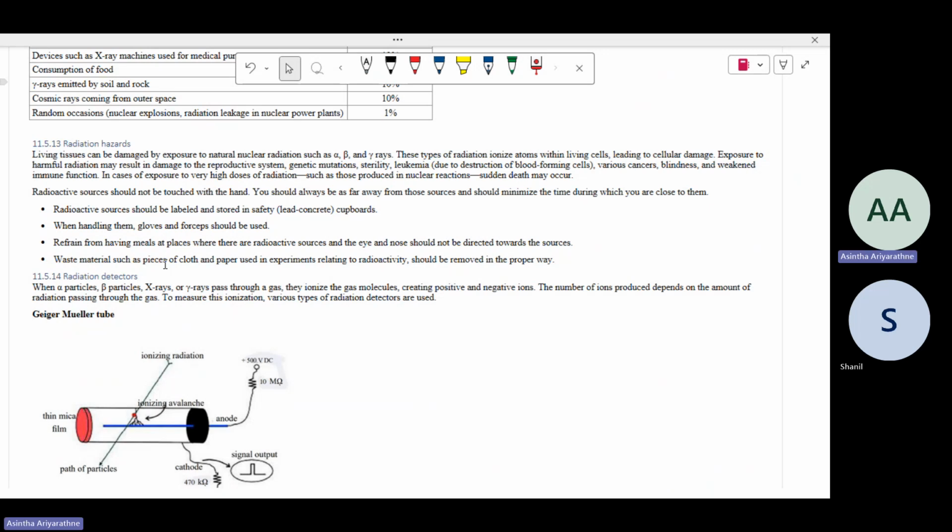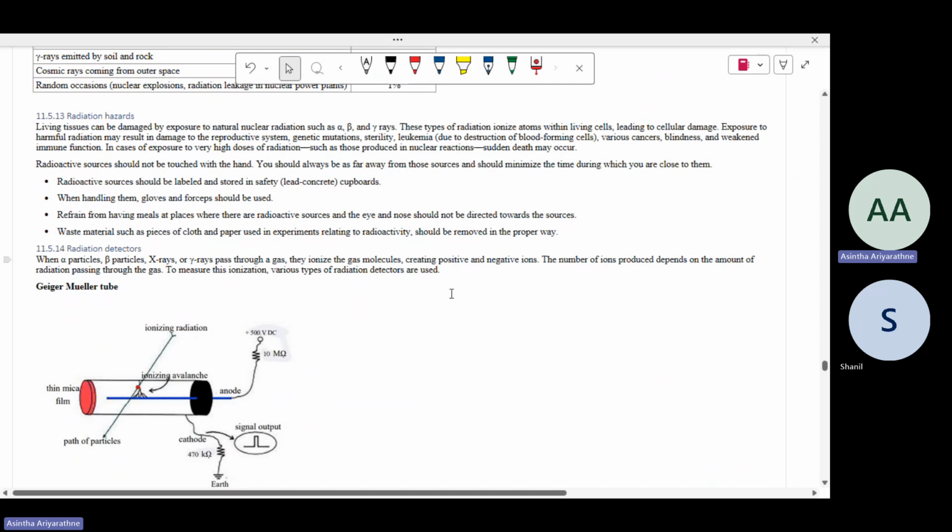It happened in Russia, but it was found there in Germany. So you get the idea that it is very harmful, because initially it cannot be identified very easily. So, radioactive hazards.